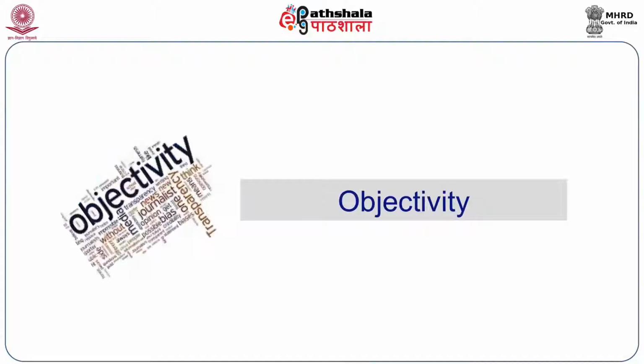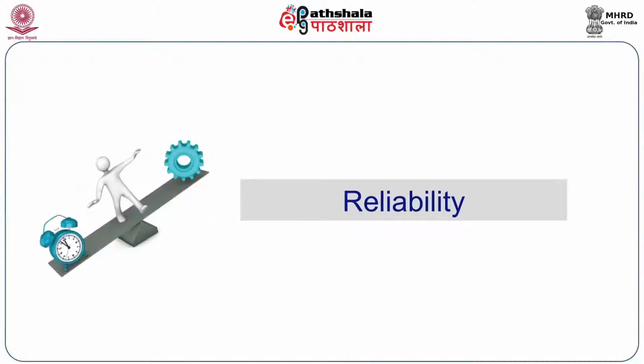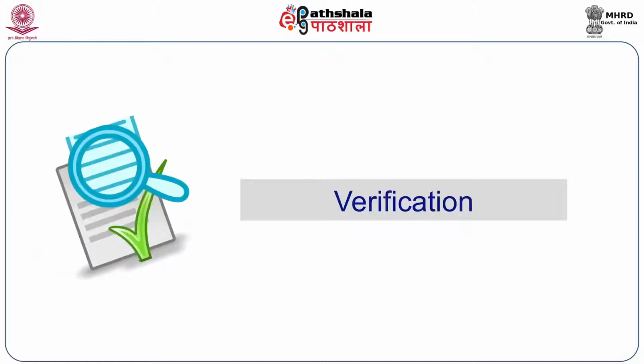So, when you go back and look at the notions of science, it talked about universality, objectivity, reliability, verification, and proposing certain models so as to prove that these models can be hypothetically proposed and can be proved.